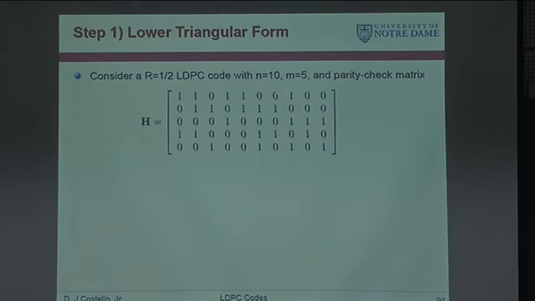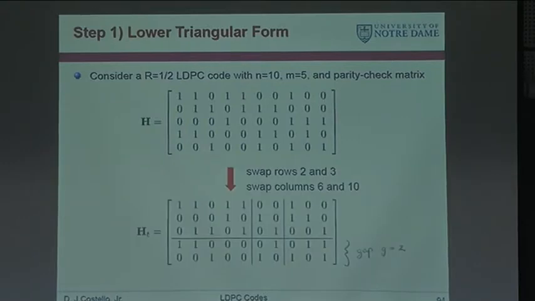Now we don't have upper triangular form or lower triangular form in the upper right hand corner here. So we can always interchange rows without changing the code. Okay, and we can interchange columns without changing the code.